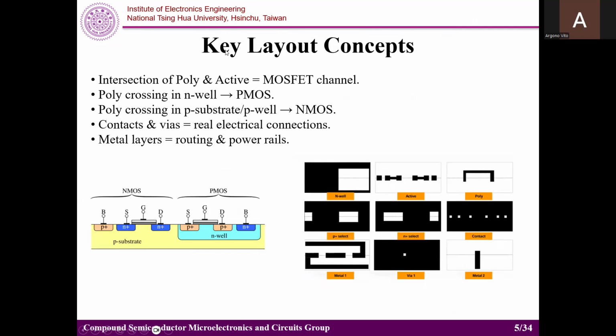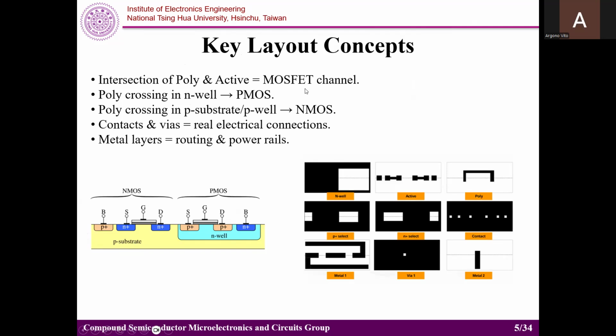So this is our key layout concept for the CMOS process. The poly defines the gate, and the intersection of poly and active is your MOSFET channel in here. I mentioned the nwell is for the PMOS device. If you don't have the nwell implant, it's just substrate, or you can also implant a P-well.